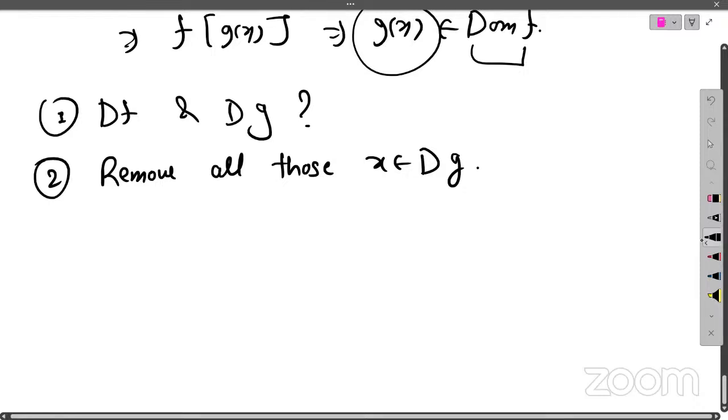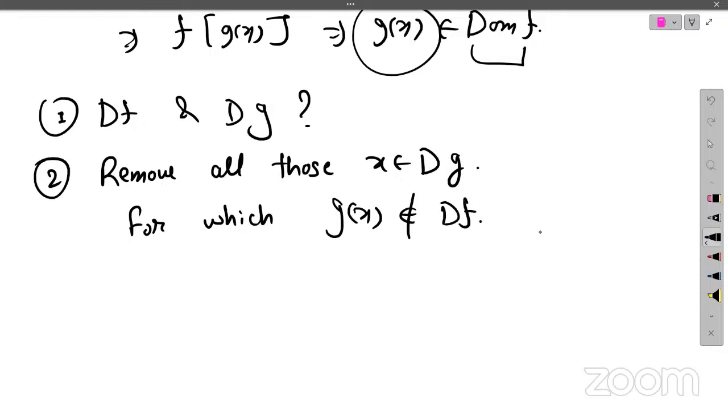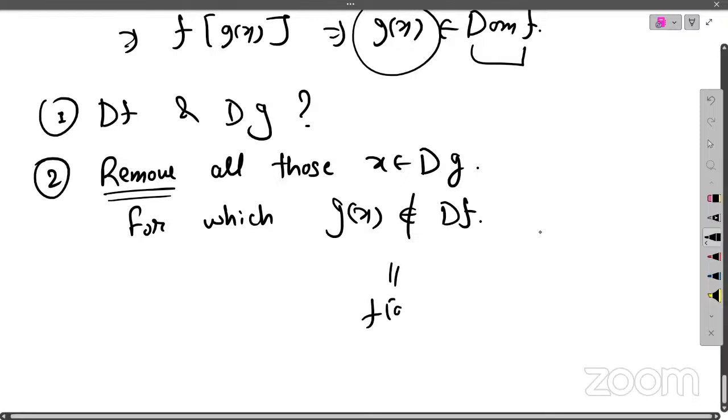So next we have to remove all those x from the domain of g for which g of x is not a part of the domain of f. Because if g of x does not belong to the domain of f, it simply implies that we cannot talk about f of g of x.